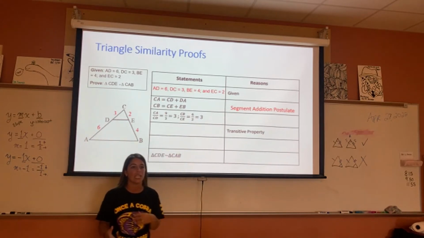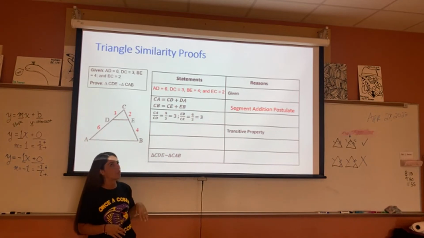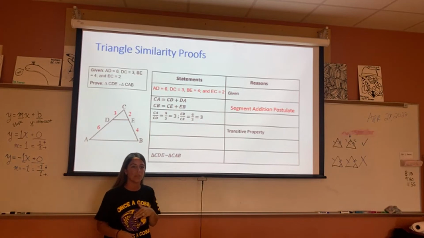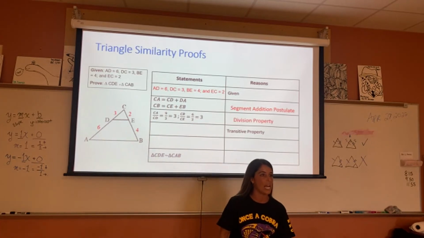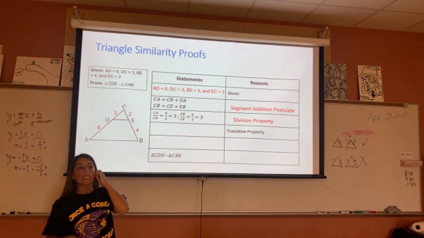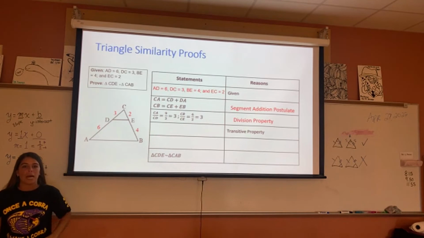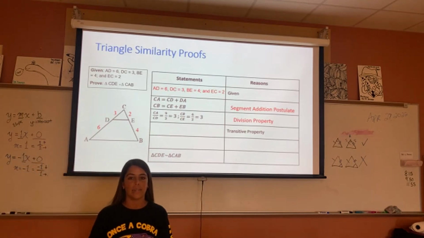Here, taking an educated guess, what did we do? Well, I divided 9 by 3 to get 3, and I divided 6 by 2 to get 3. All I did there was divide. I used the property of division. There, that's not a fancy theorem or postulate. It's just, what did you do? I just divided.